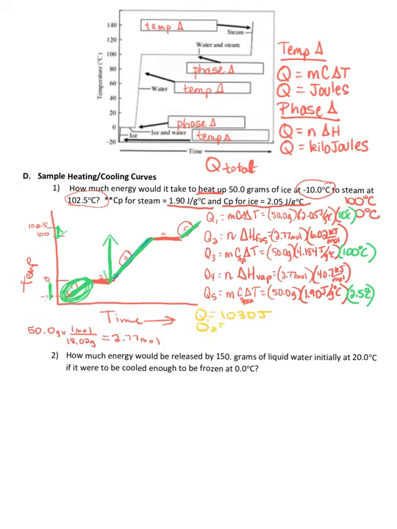Q2, n times delta H is 16.7 kilojoules. Q3 is 20,900 joules. Q4 is 113 kilojoules. And Q5, when I multiply those, I get 240 joules.